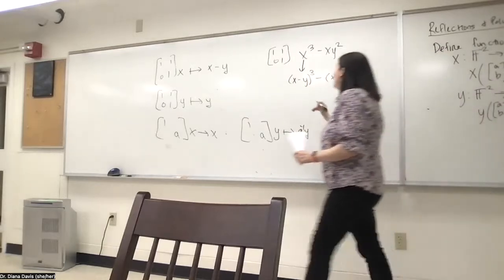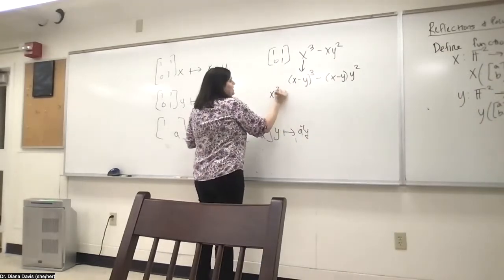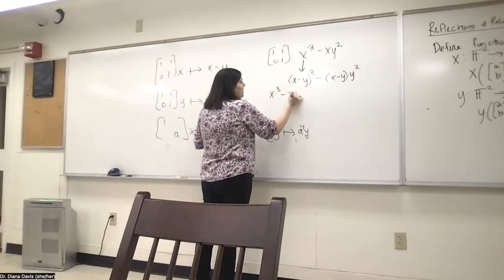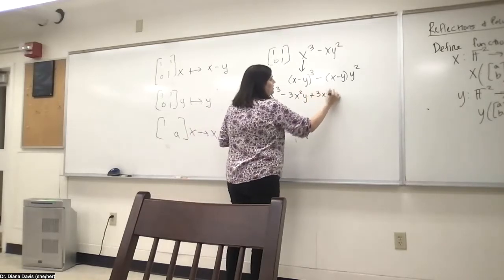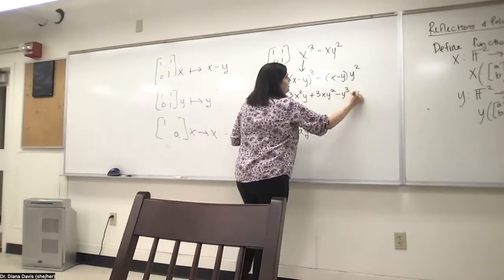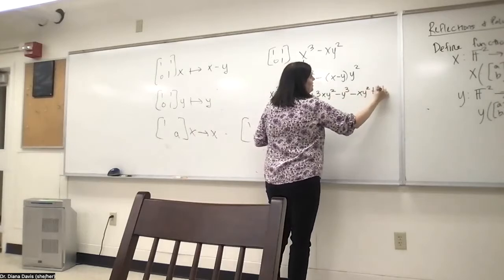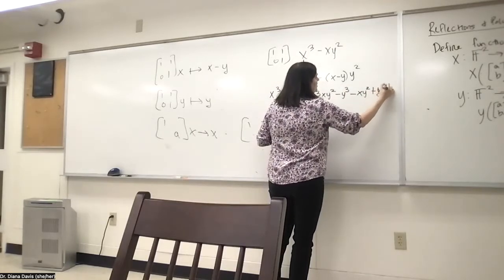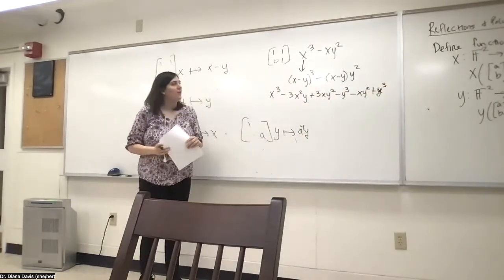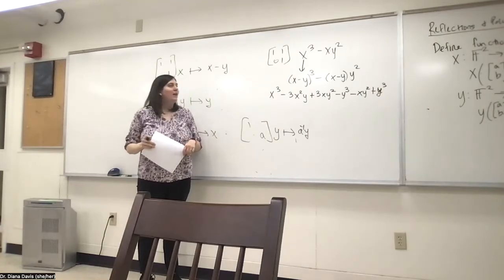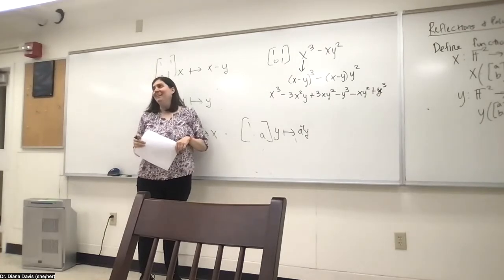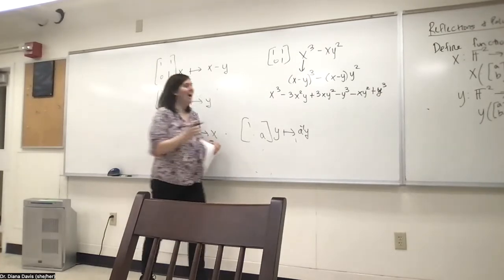Okay, what does this equal? Well, we know this because we all know and love the binomial theorem, right? X and y are commutative, yeah. Okay, but we're in F3. 3 is 0.